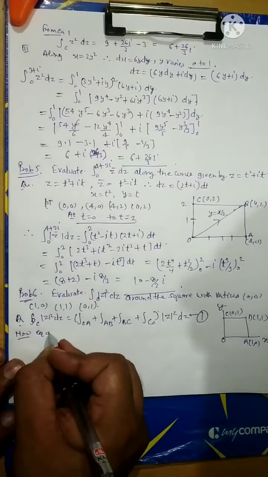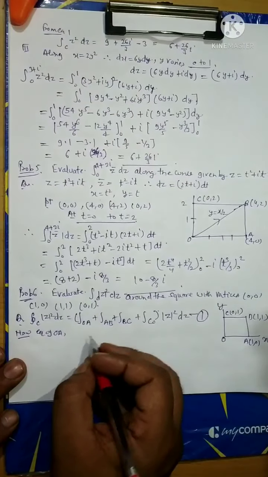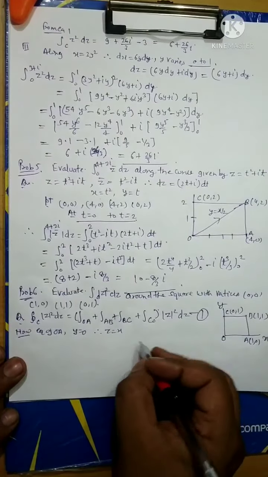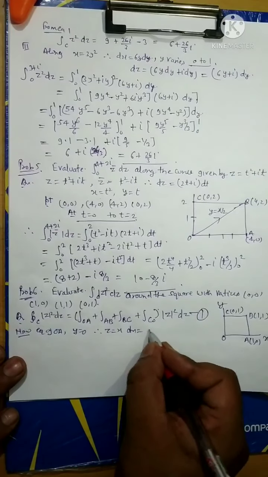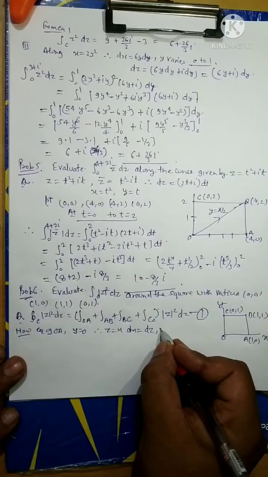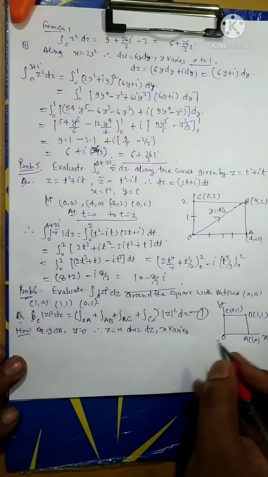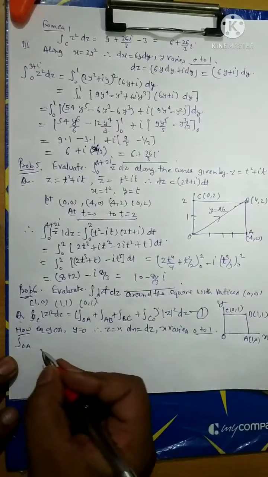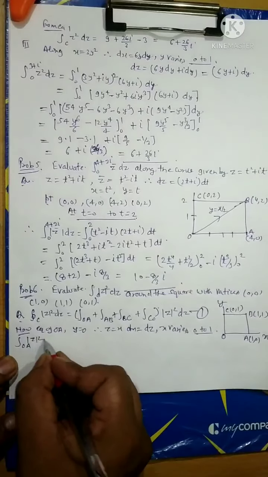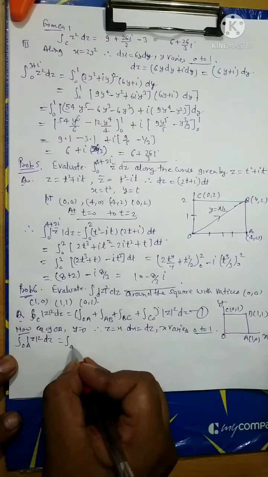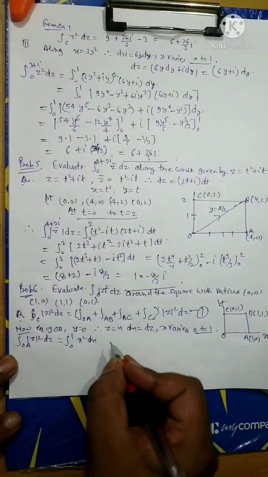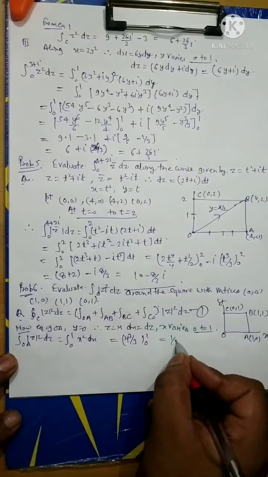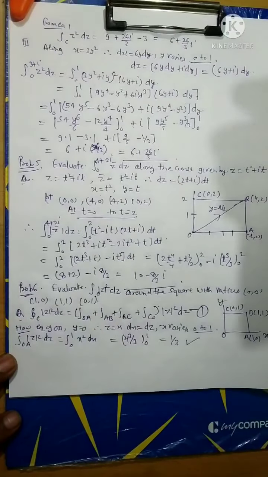Now equation of OA: y is equal to 0. Now z is equal to x, dz is equal to dx. Now x varies 0 to 1. Therefore integration over OA z modulus square dz is equal to integral limit 0 to 1 x square dx, this is equal to x cube upon 3 limit 0 to 1. Now 1 upon 3 is the value of the first integral.